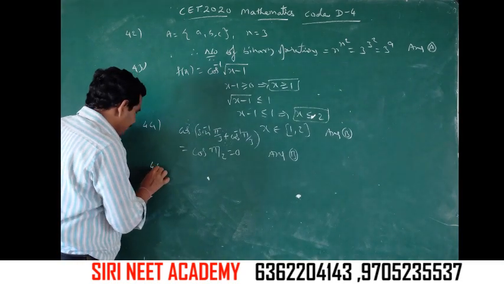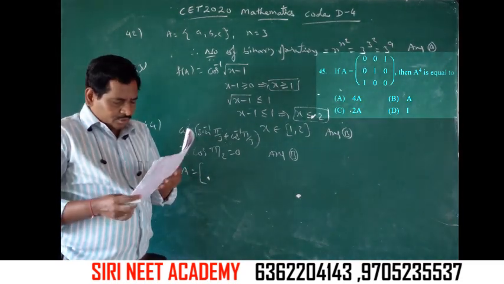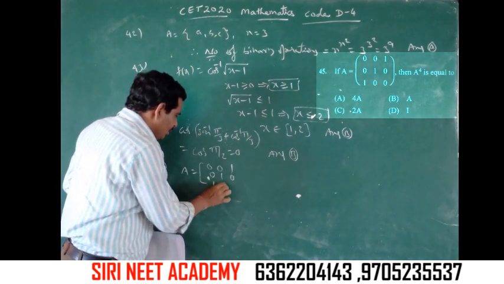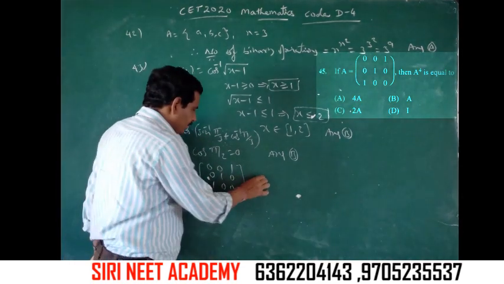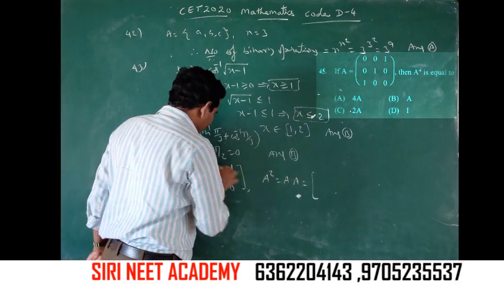And question number 45. A matrix A is given: 0 0 1, 0 1 0, 1 0 0. What about A power 4? The value of A square is A into A. You multiply.